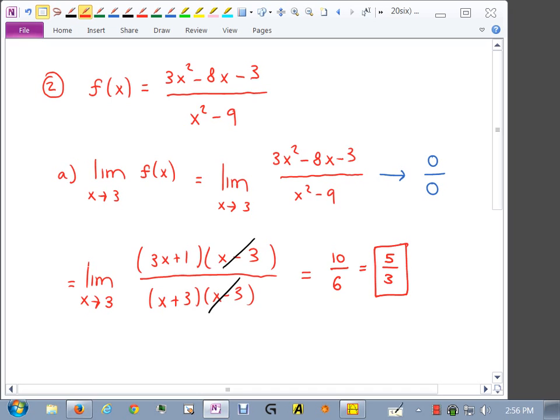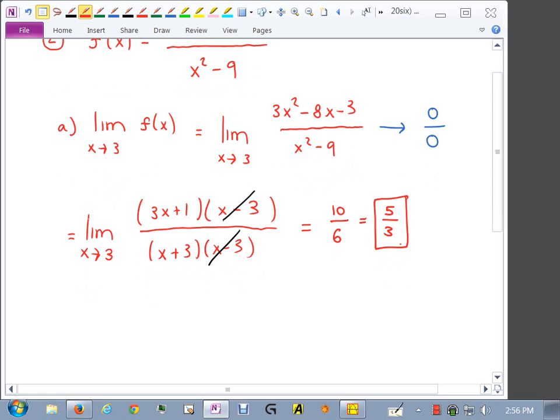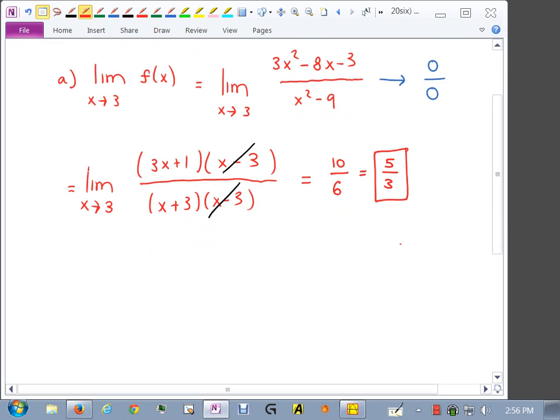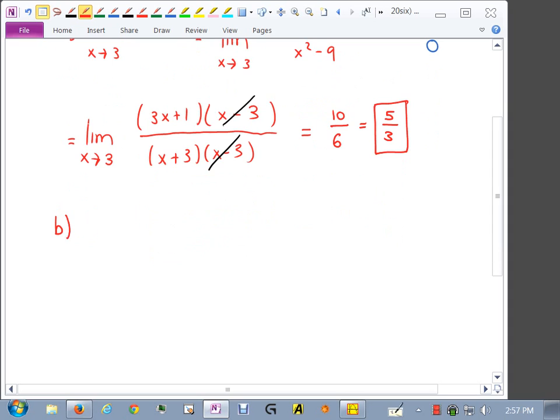All right. So that's part A. Part B. What's the limit as x approaches negative 3? I'm going to leave it factored.